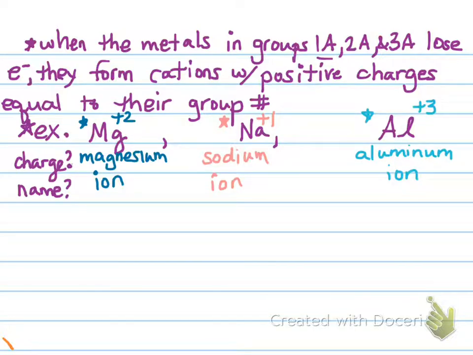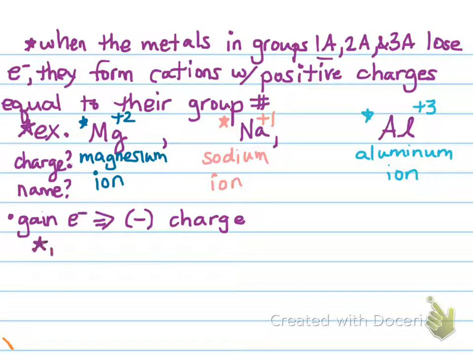We don't always lose electrons though. Remember, sometimes we will gain electrons, in which case our ion is going to have a negative charge. Remember, the elements that do this are the nonmetals.